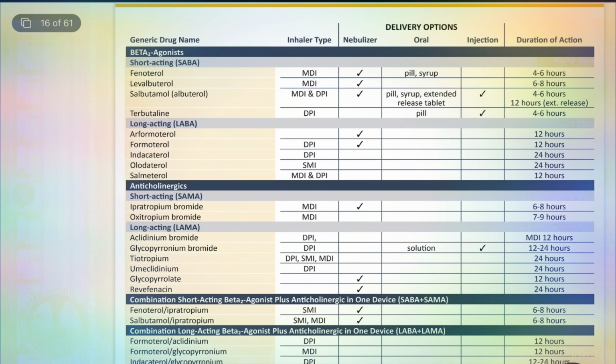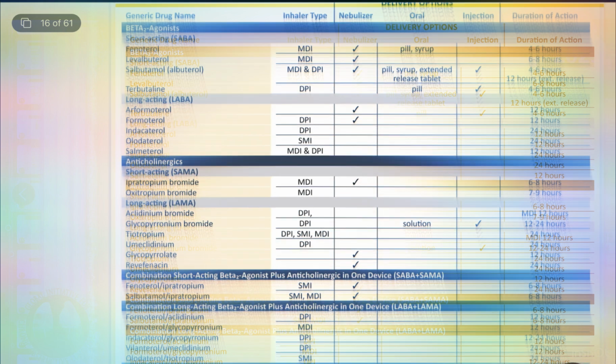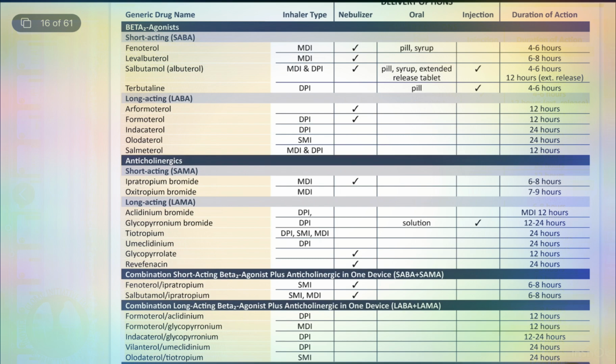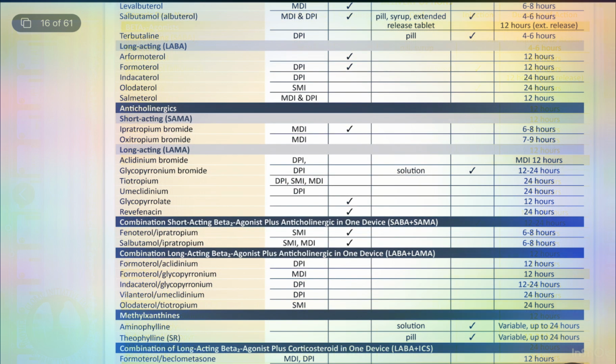Then comes long-acting beta 2 agonists. These are R-formoterol, formoterol, indacaterol, olodaterol, and salmeterol, and these act around 12 to 24 hours. Then come anticholinergics. First is short-acting muscarinic antagonists.